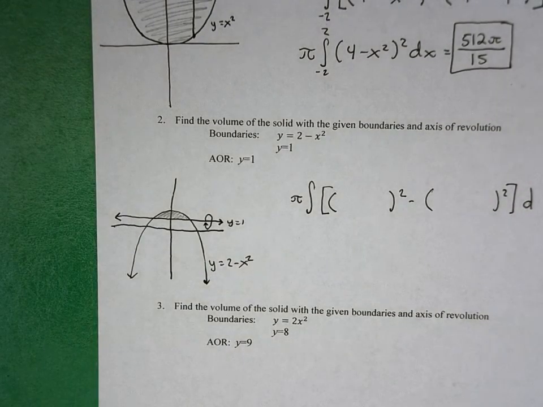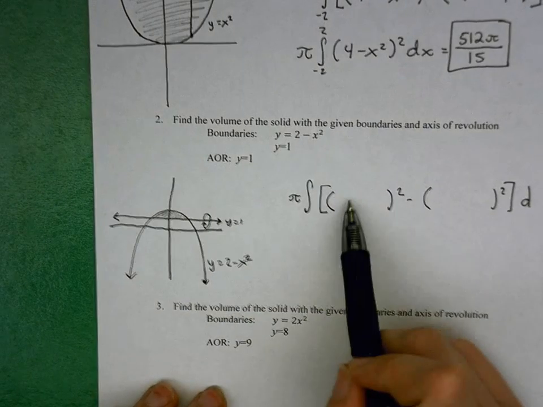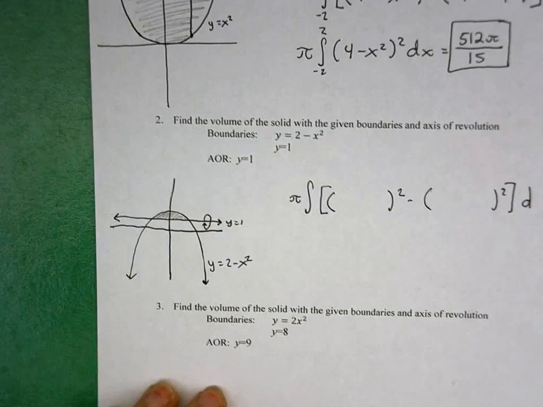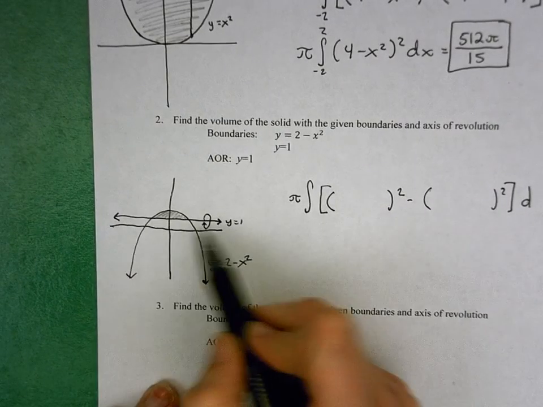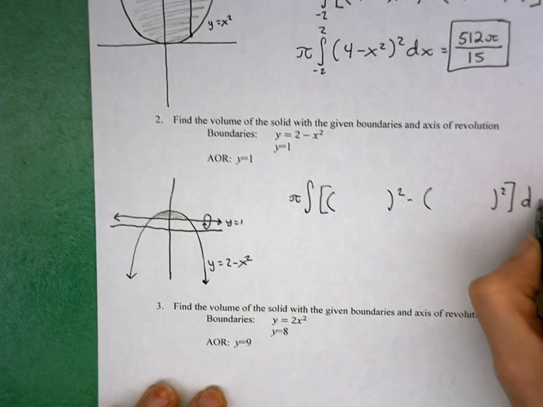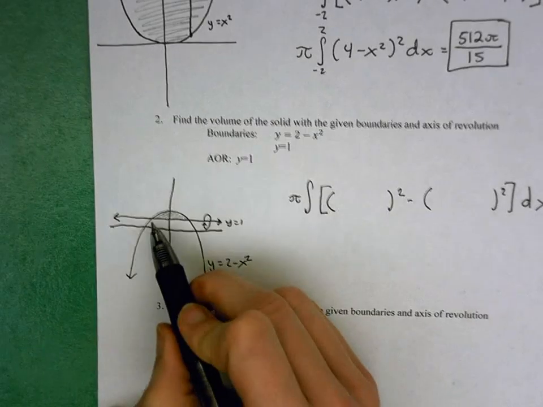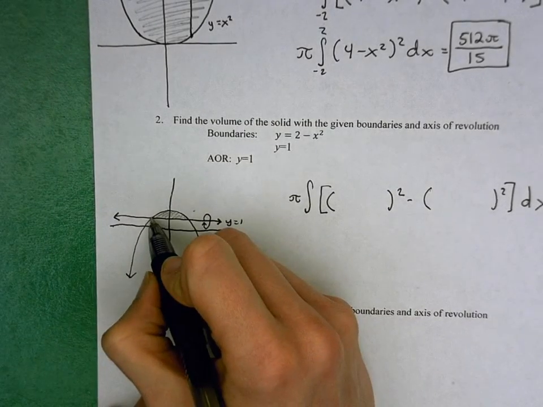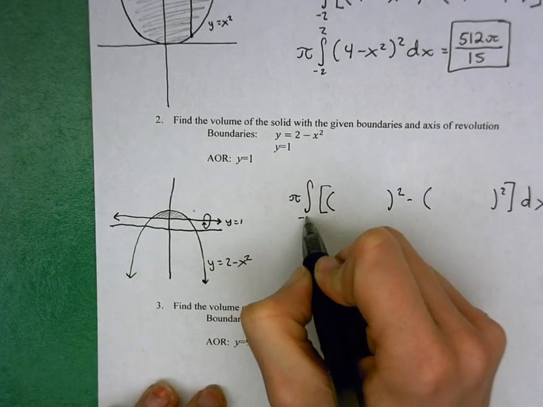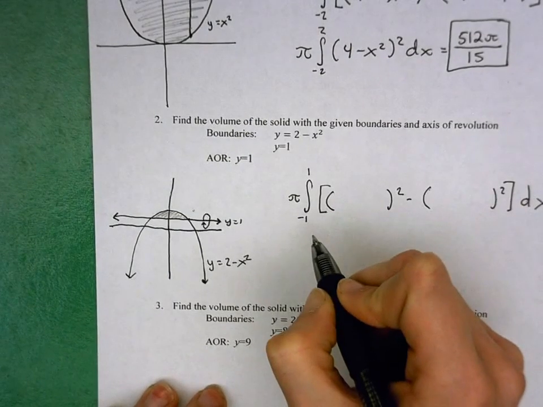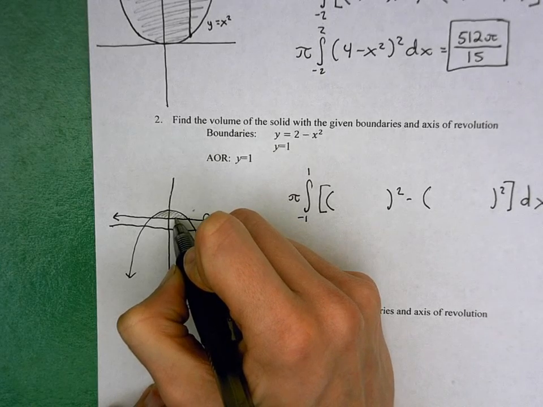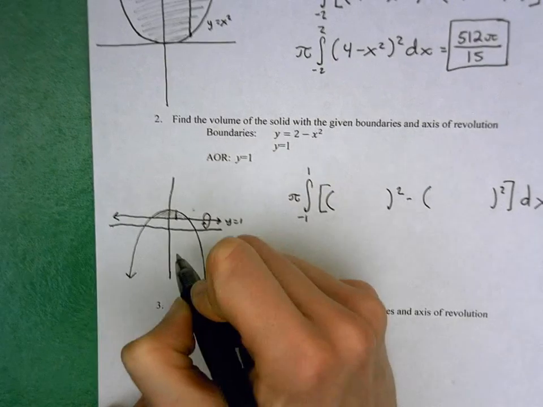So we're looking at our axis of revolution because that dictates what our r's are going to be. It dictates what our bounds are going to be in reference to. My axis of revolution is parallel to the x-axis, so I'm going to be doing dx, and I'm going to be looking at the x-coordinates, which in this particular case are -1 and 1. The x bounds, -1 to 1. Okay. And my big R is the distance from the axis of revolution to the furthest point.